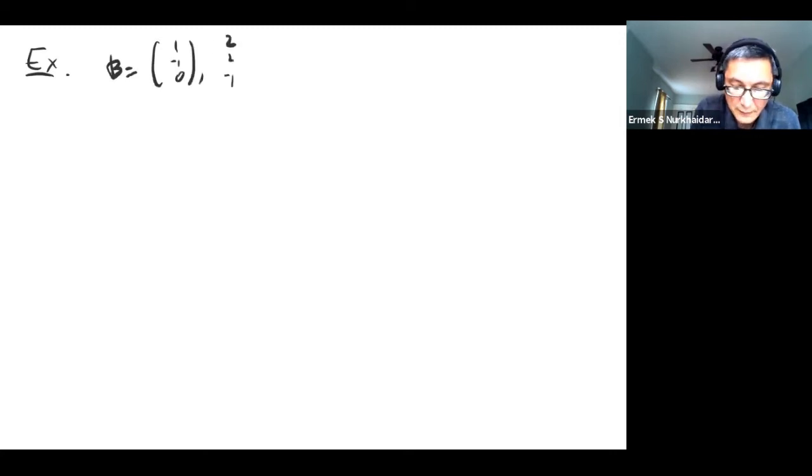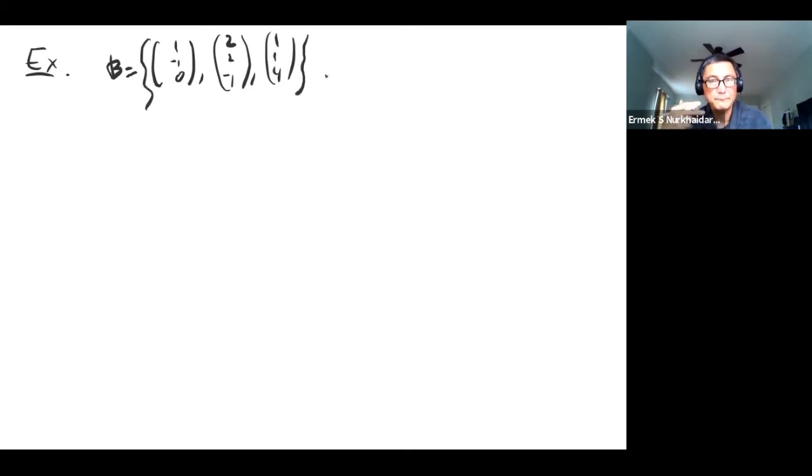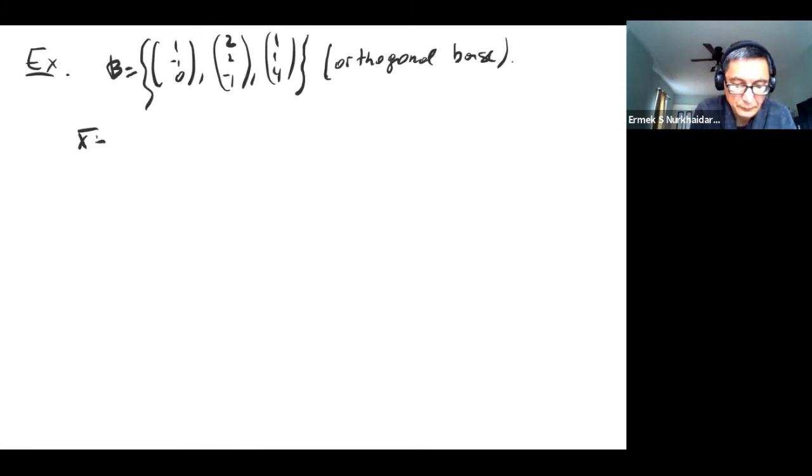So we still have the same base: 1, minus 1, 0; 2, 2, minus 1; and 1, 1, 4. We know it's orthogonal. Now we have vector x, which is given to us as 5, minus 3, 1.